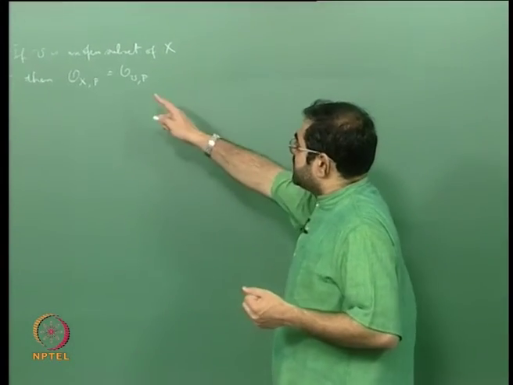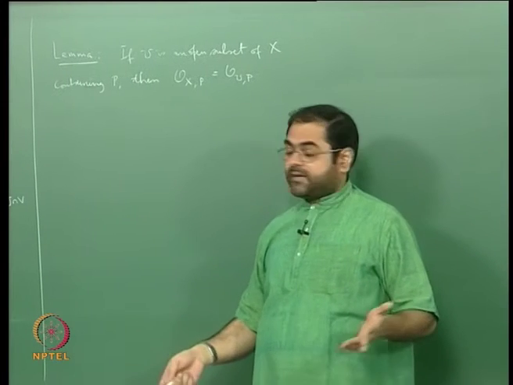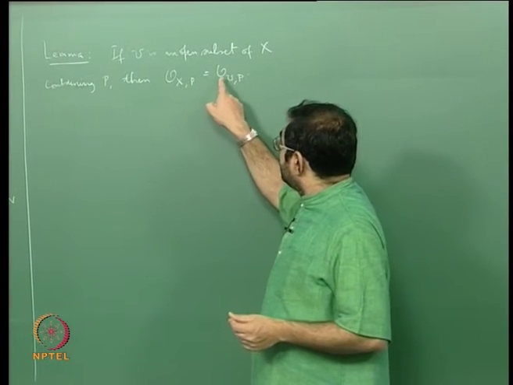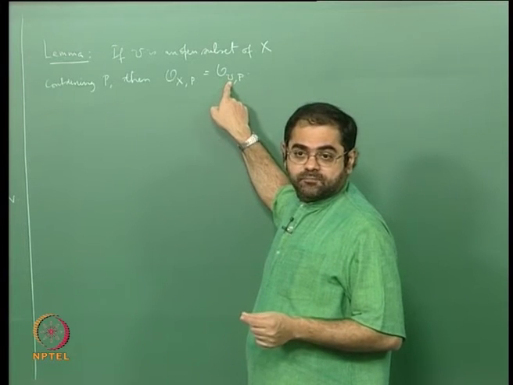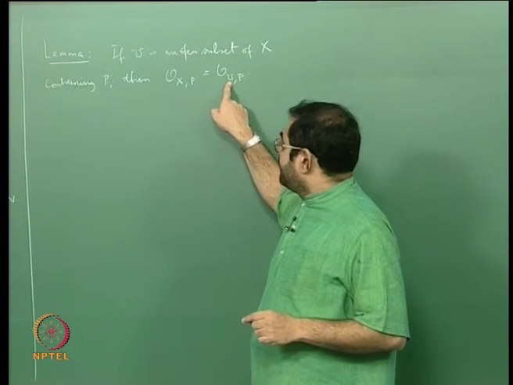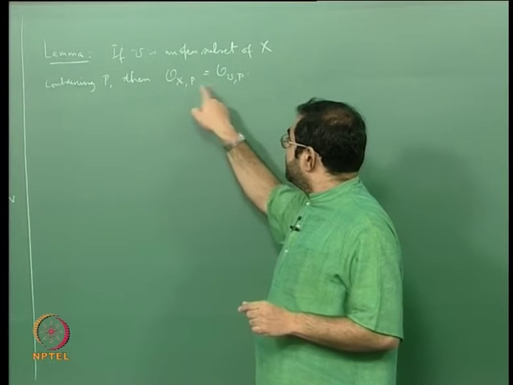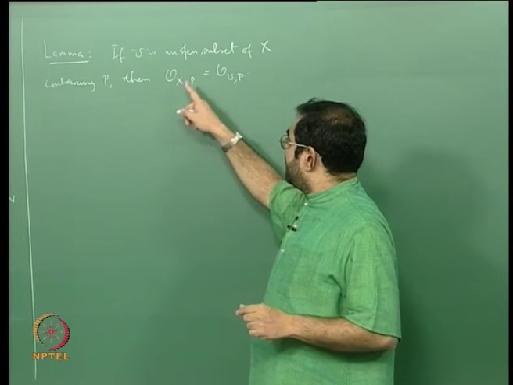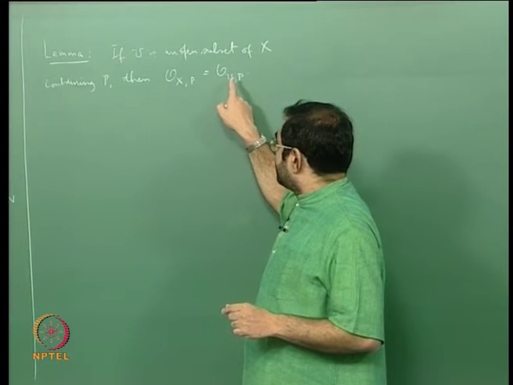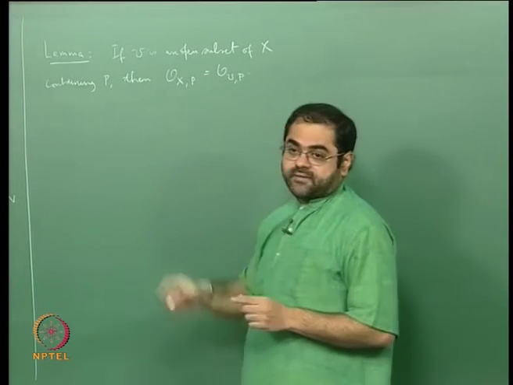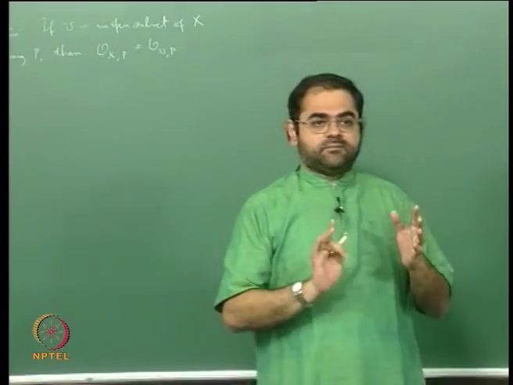So in any case an open subset of a variety is again a variety. Therefore I can think of the local ring of the point P with respect to the variety U, and there is no difference between the local ring at P, whether you are considering P as a point of U or P as a point of X. That is the purpose of the lemma.